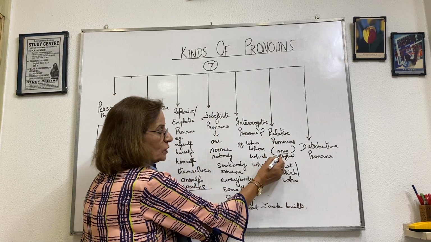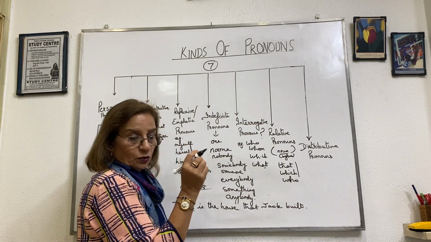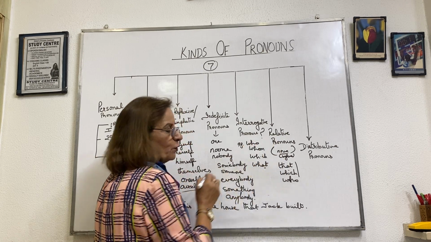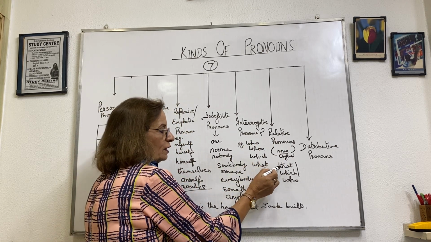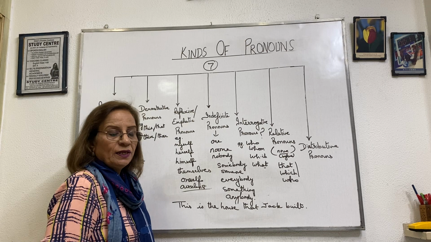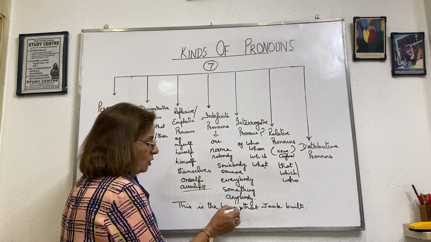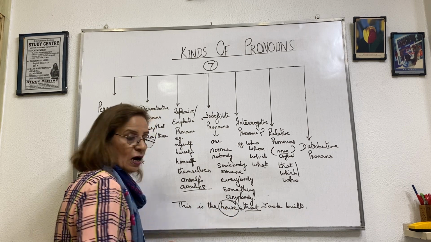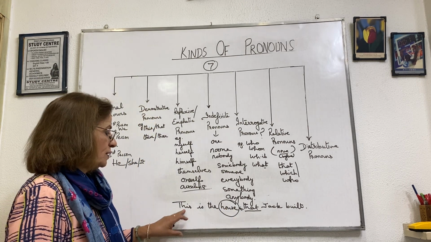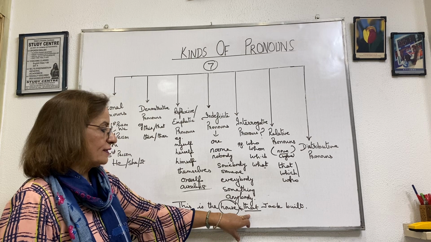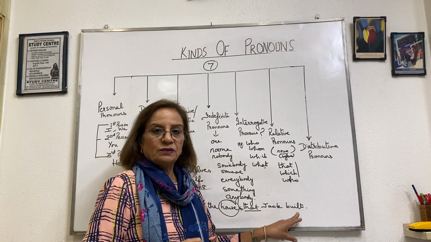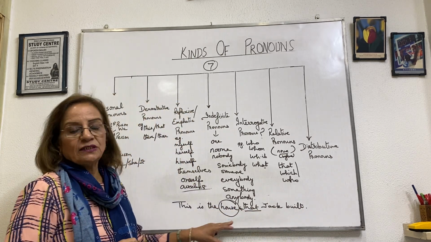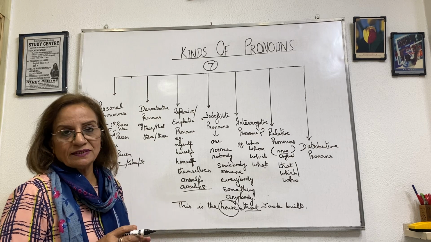I told you the trick, the clue, that there should be a noun before the words that, which or who. Now here, this is the house that. So which is the noun before it? House. House is a noun. So this is the house that Jack built. Okay. So it is connecting parts of a sentence.